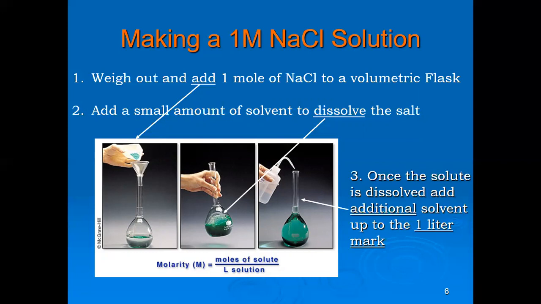Then add a small amount of solvent to dissolve. First you have to take 58.5 gram, or 1 mole, of NaCl, and dissolve it in a little amount of water. Then you take a 1 liter flask, and add water until the water reaches the mark.